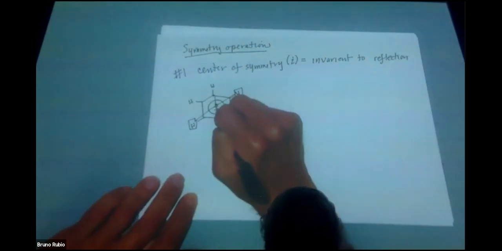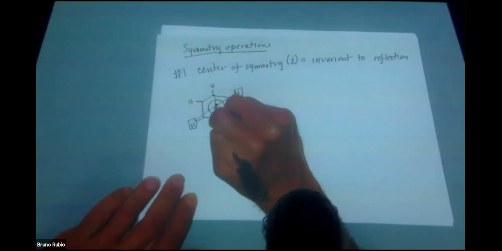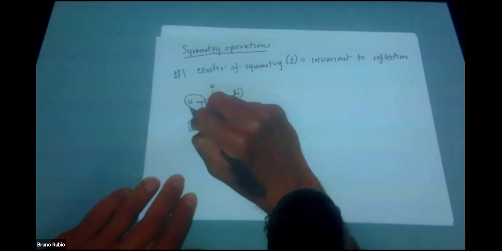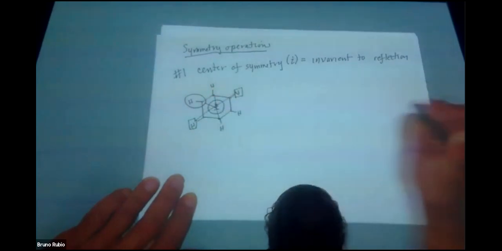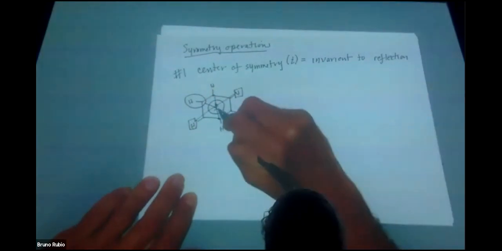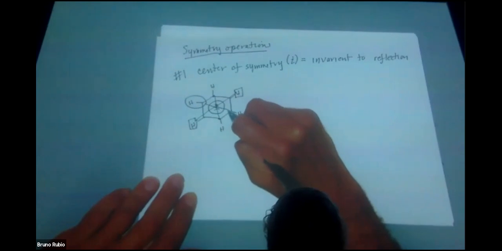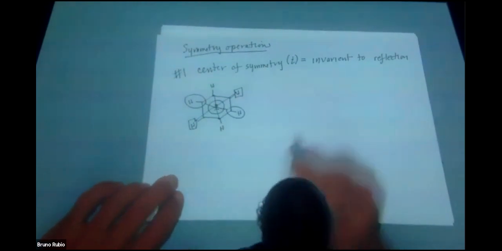Okay, I'm here at the center of the molecule. I look out in this direction. I hit a carbon atom bonded to a hydrogen, sp2 hybridized. I look in the exact opposite direction. I hit a carbon atom bonded to a hydrogen.